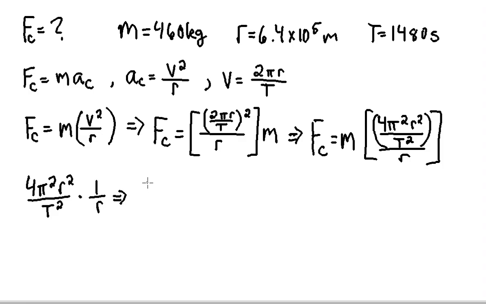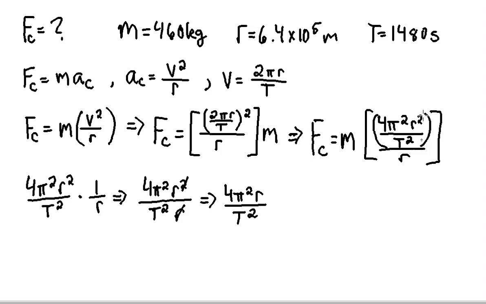So we're going to change this into 4 pi squared times r squared divided by t squared divided by r, and then this cancels out with this, and we get 4 pi squared times r divided by t squared.